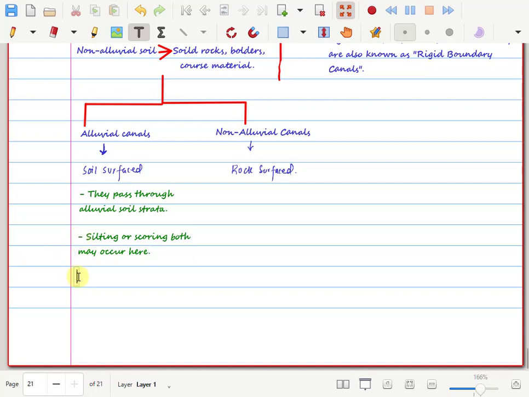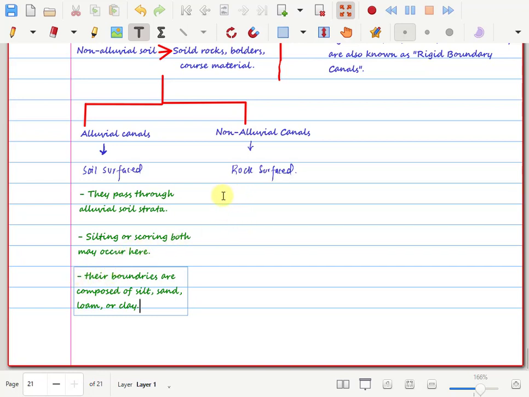Why? Because their boundaries are made, or you can say composed of silt, sand, loam or clay, right? That is the reason erosion will occur here, and you can face the problem of silting and scoring both.